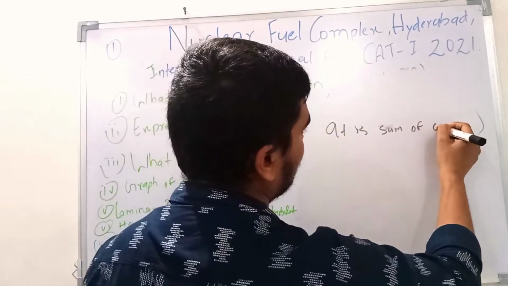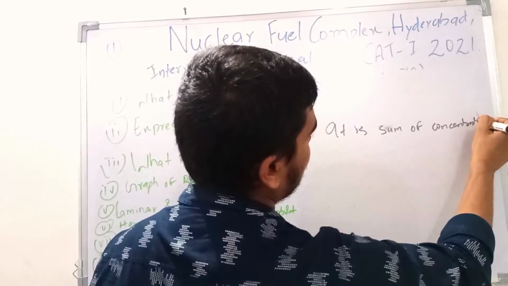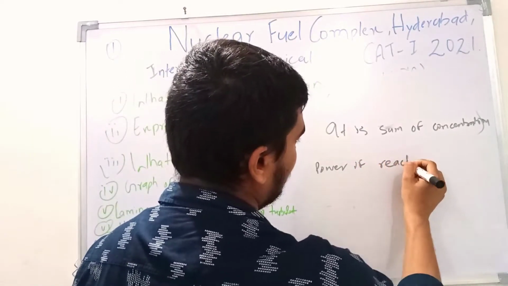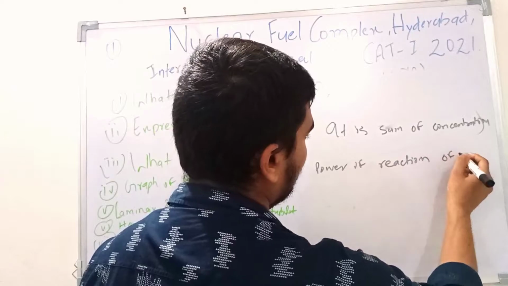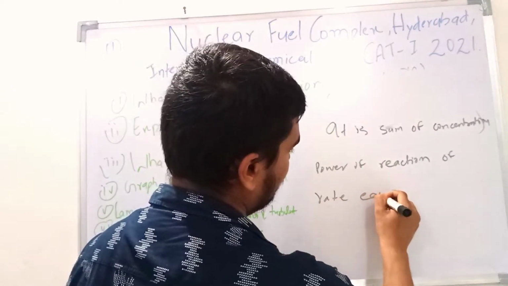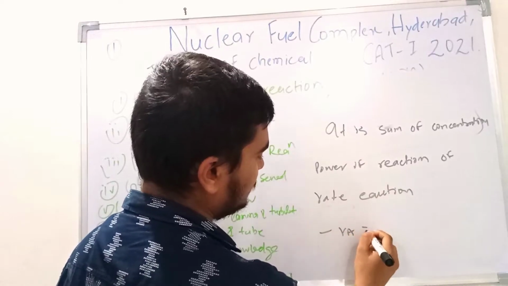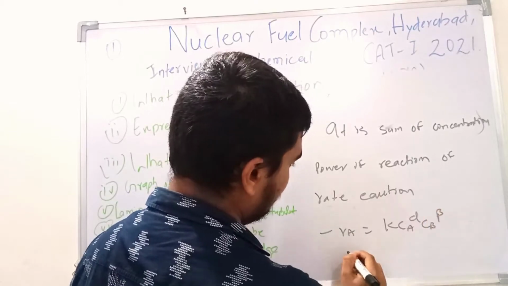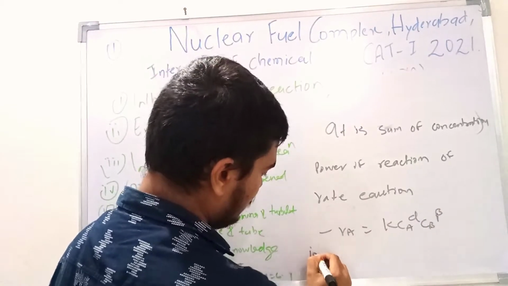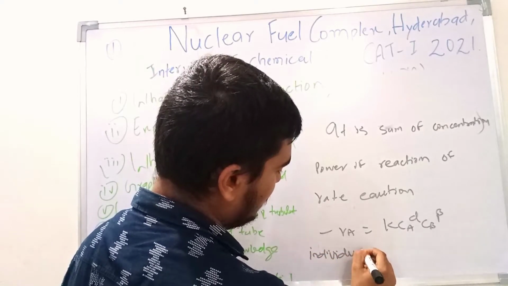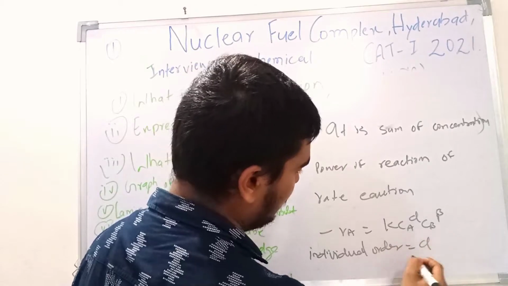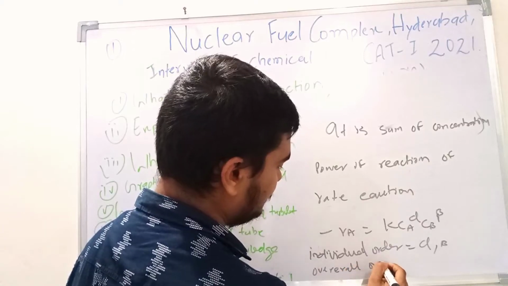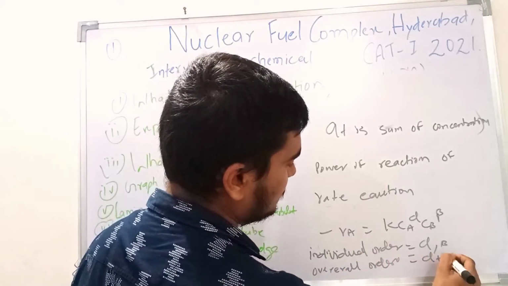Basically, you can easily say it is the sum of the powers of concentration in the rate equation. That means r = k C_A^alpha C_B^beta. Basically, the individual orders are alpha and beta, and the overall order is alpha plus beta.